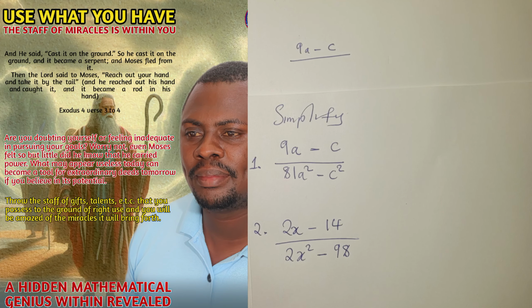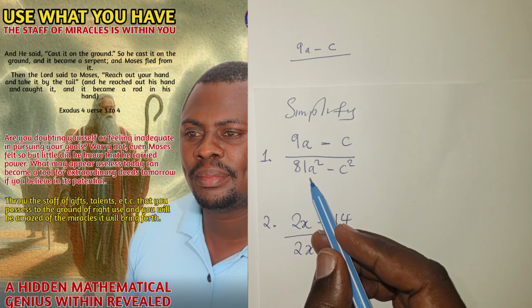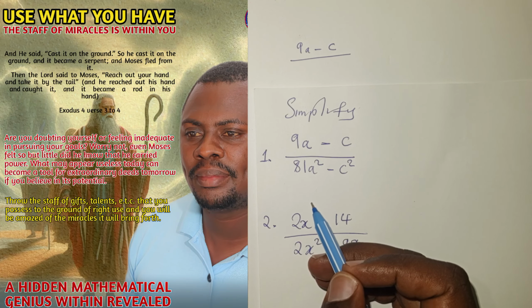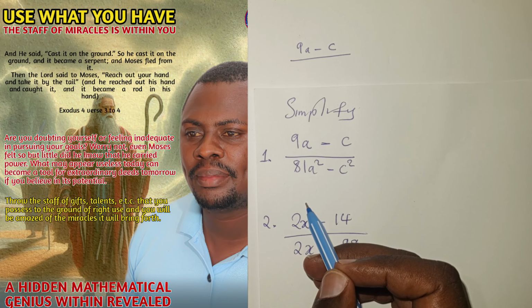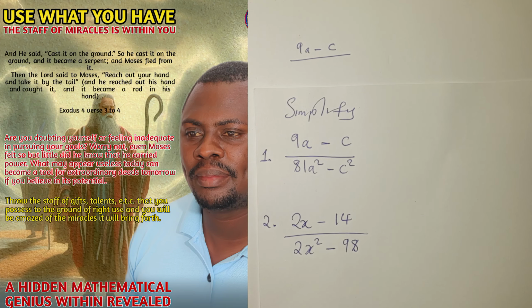Is that factorizable? Yes. We can see that 81a squared is a perfect square. There is a square root for 81 and there is a square root for a squared. And c squared is also a perfect square, and there is a minus in between. So this can be factorized by difference of two squares.